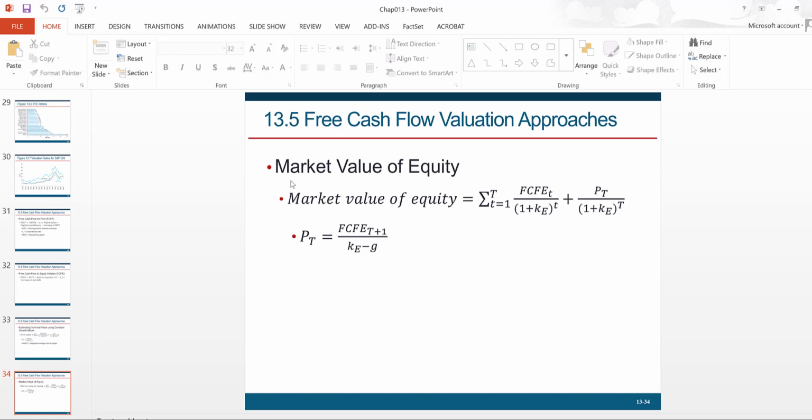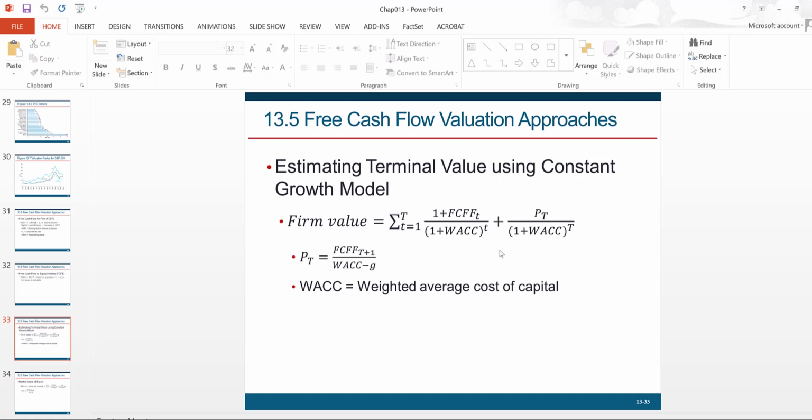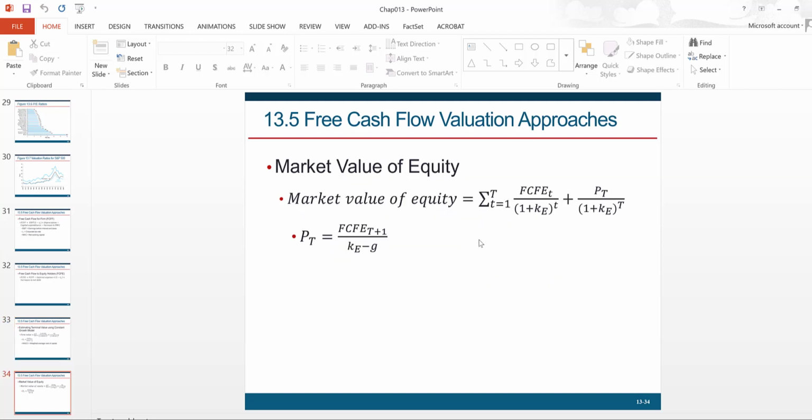So this is perhaps a more straightforward way versus using the FCFF, because we directly get the market value of equity here. Okay, so we'll work on a couple of examples in our handout later on, so some of these calculations will be clear at that time.